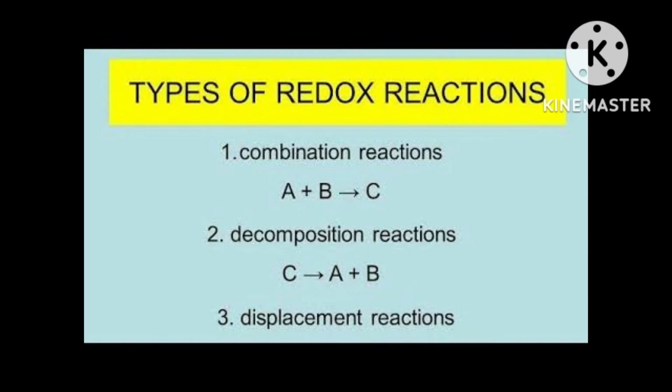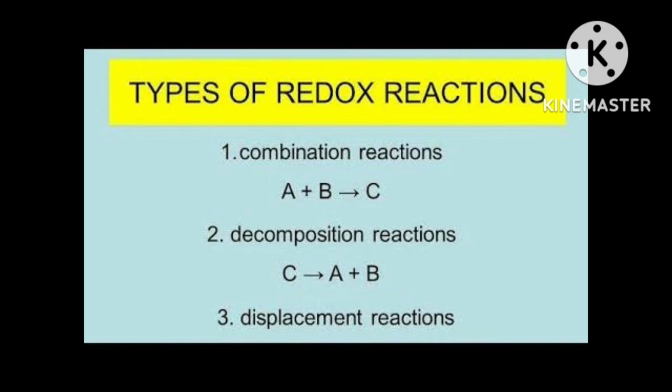Last class I discussed many things about oxidation, reduction, oxidizing agent, reducing agent. Now I am going to start types of redox reaction. First is the combination reaction.